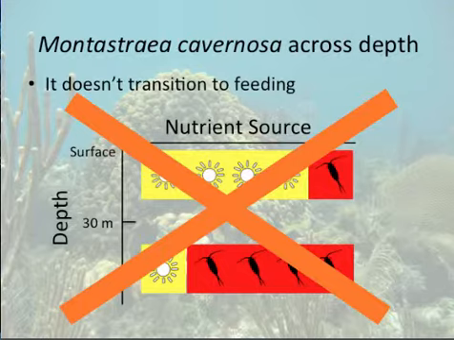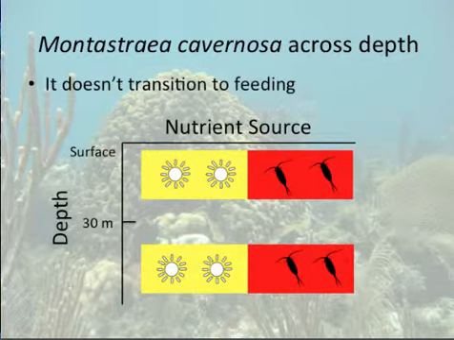And then as we went deeper, we would expect to see a transition to feeding, so a high signal from the heterotrophic biomarkers and not much signal from the photosynthetic or translocation biomarkers. However, what we did see was that there was no transition to feeding, and the nutrient acquisition was similar in the shallow samples as well as in the deep samples.